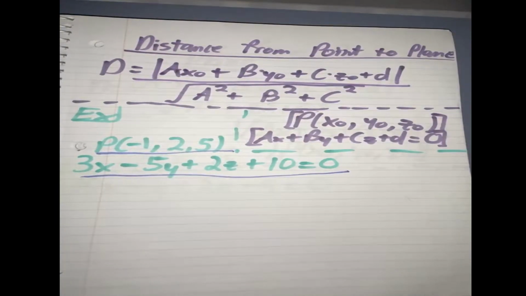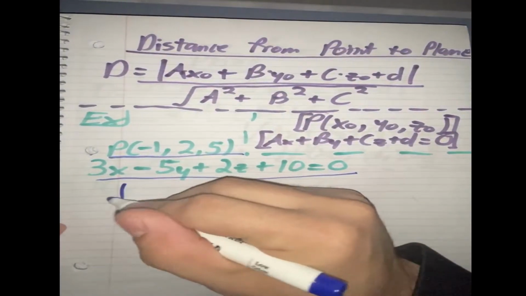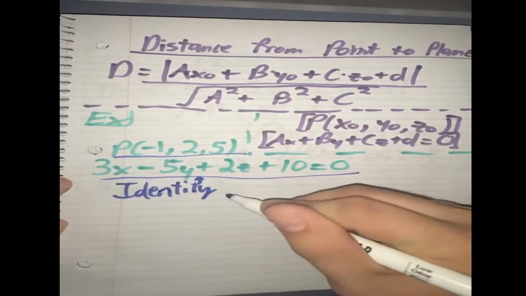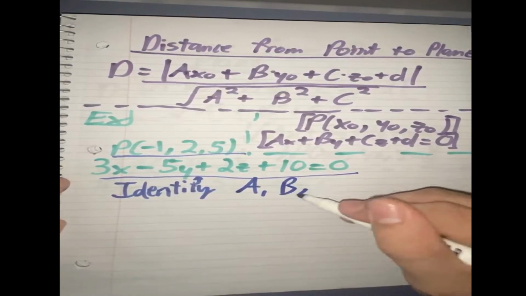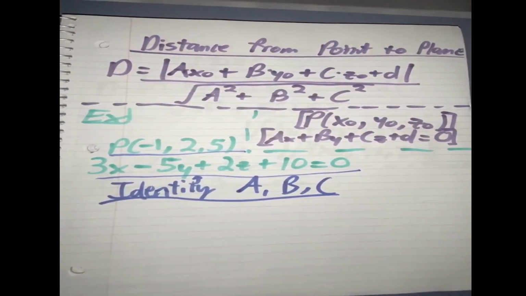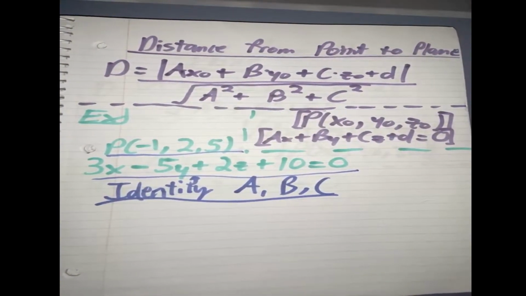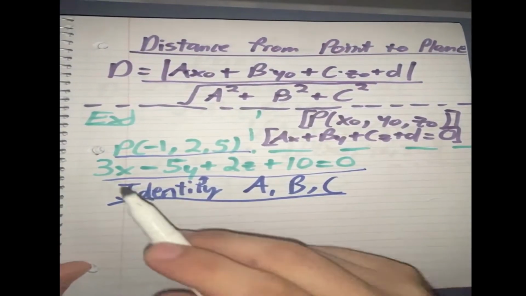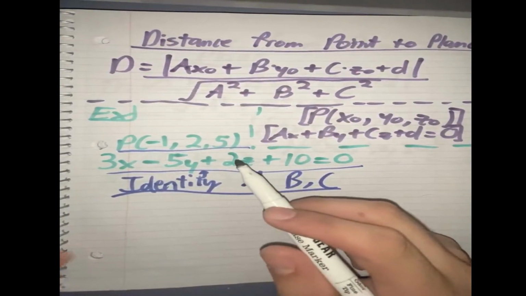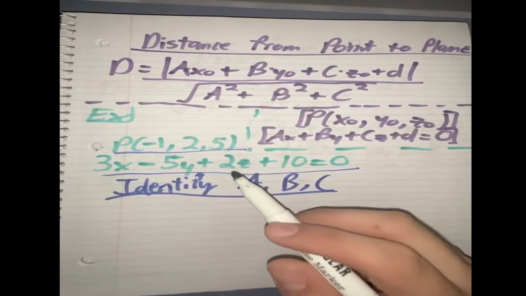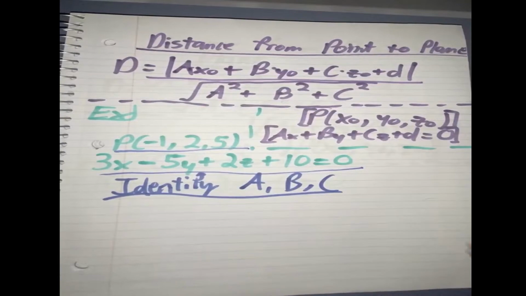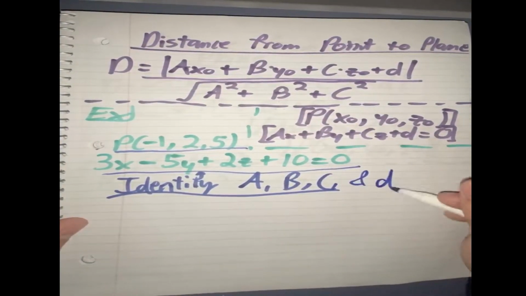So without further ado, we identify A, B, and C. And in doing so, we basically just ask ourselves, whatever coefficient is with x is our A, whatever coefficient is with y is our B, whatever coefficient is with z is our C, and then whatever constant is remaining will be lowercase d.